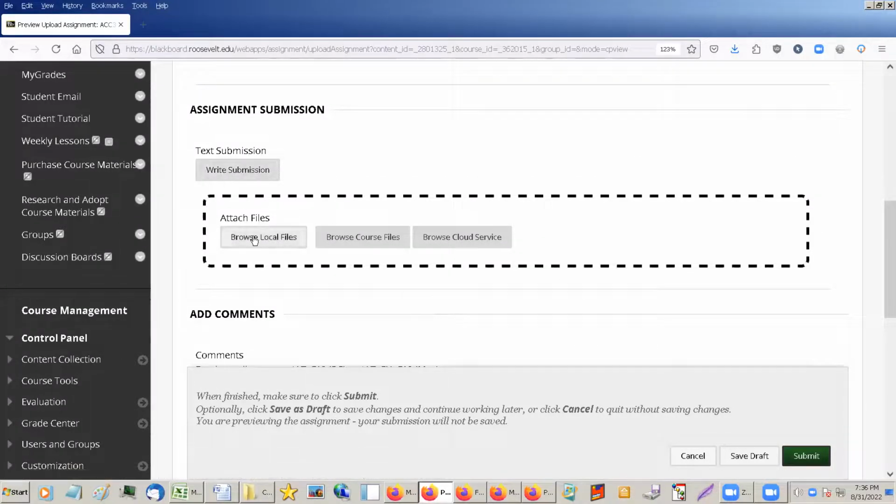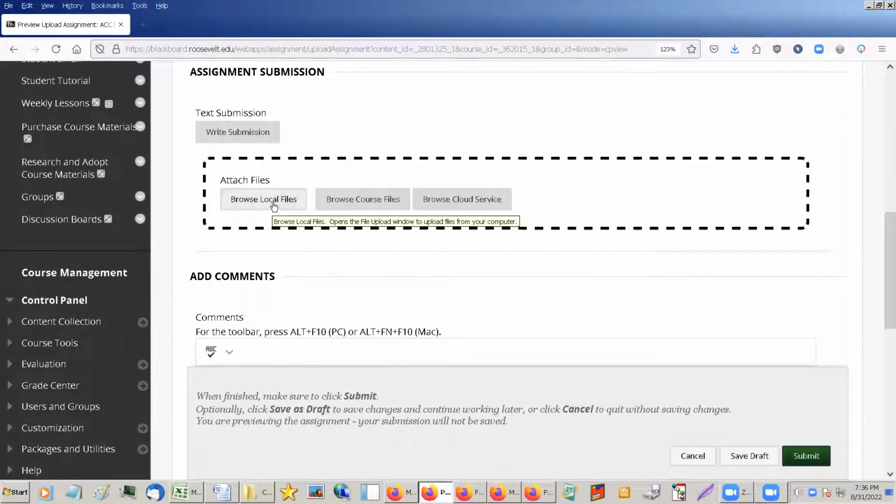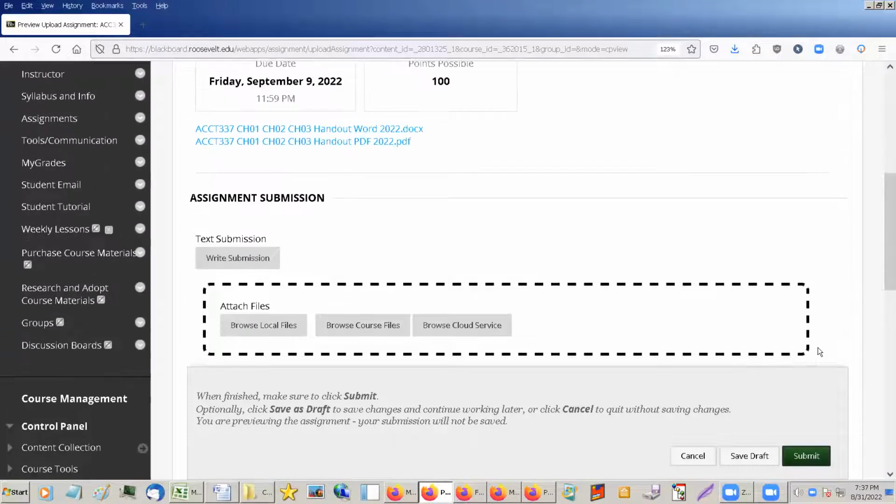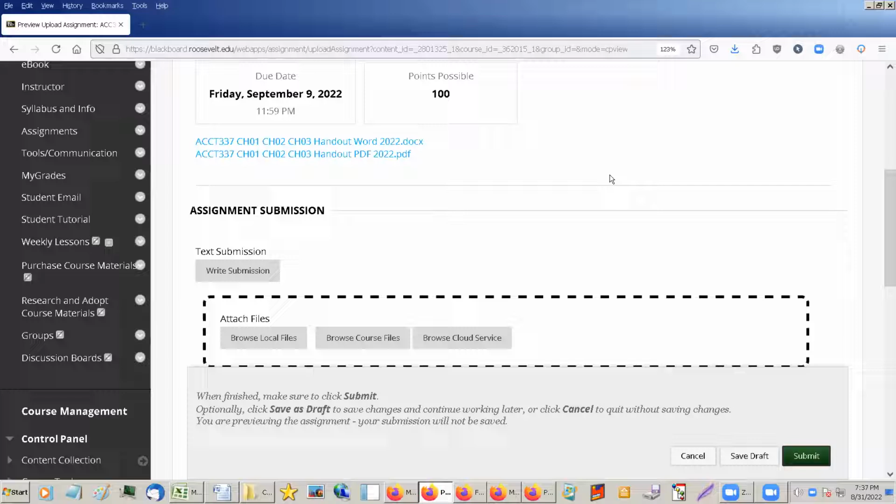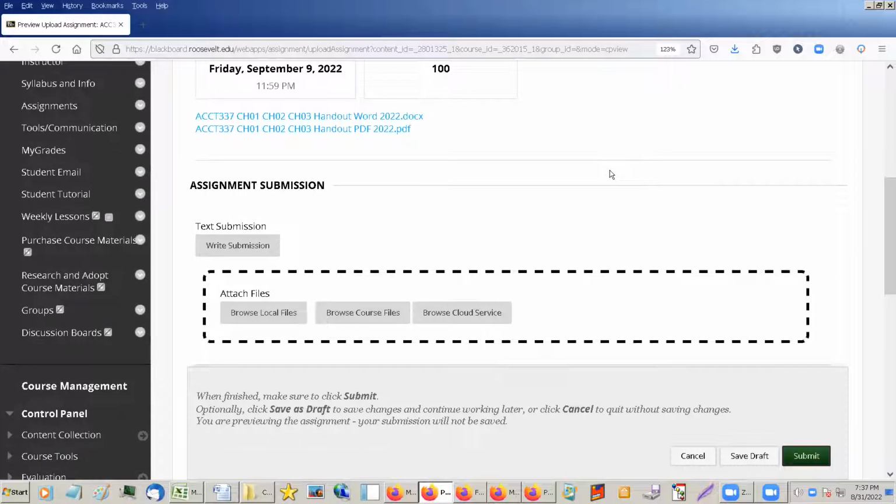Probably go to files, and you can upload as many as you want, because there's an unlimited amount to upload. Unlimited submittals for all the problems.